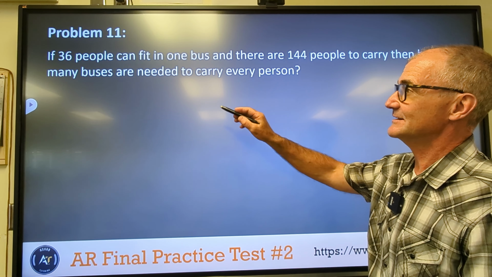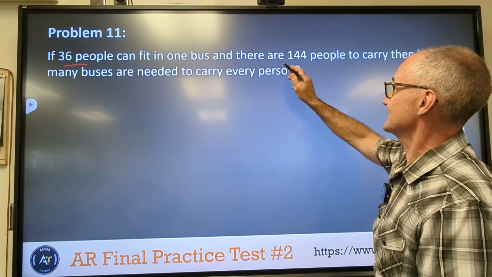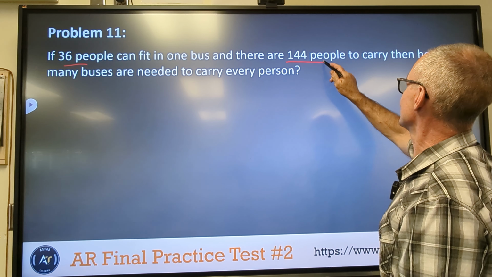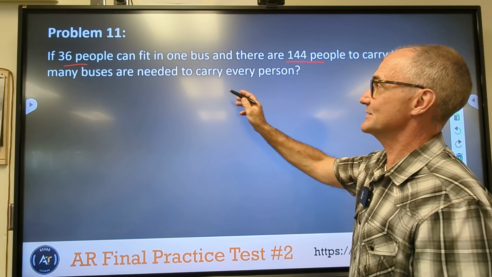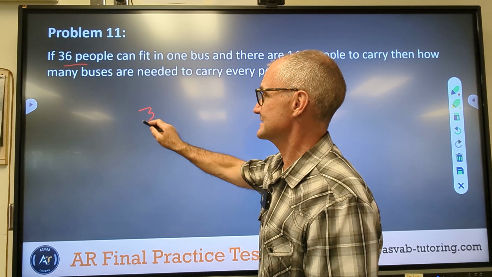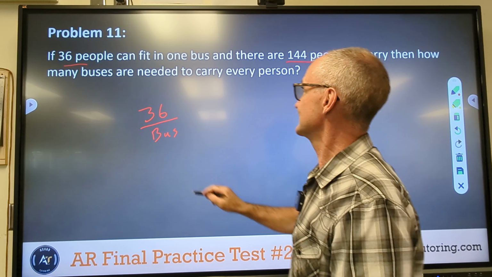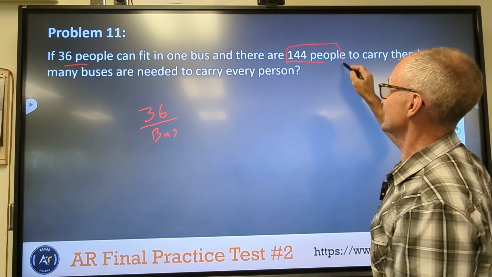Problem number 11. If 36 people can fit in one bus and there are 144 people to carry, how many buses are needed to carry every person? So I have 36 people per bus, right? And I got 144 people.